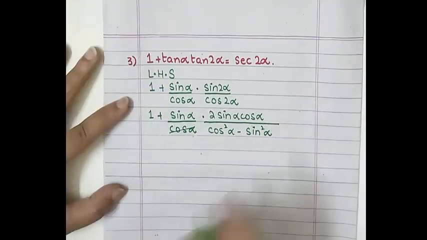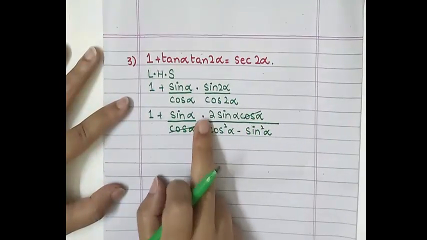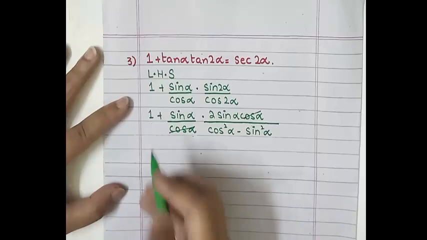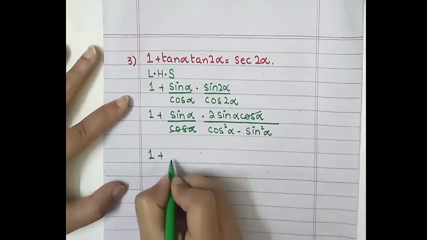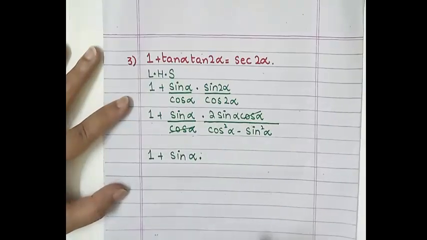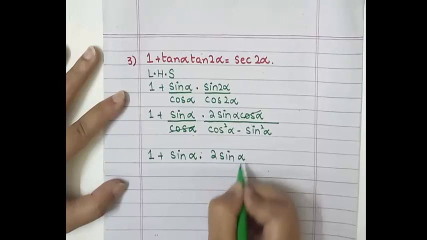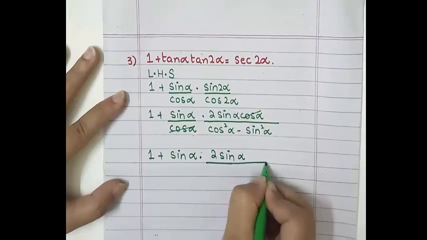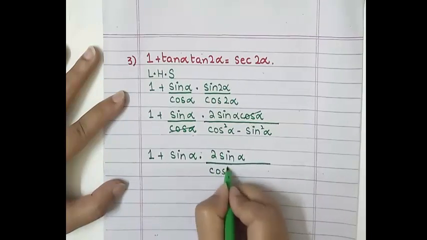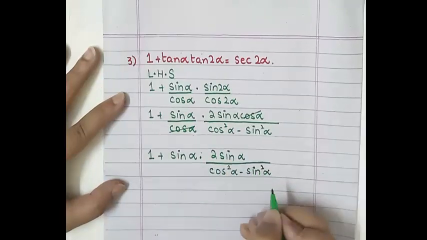This cos alpha and cos alpha can be cancelled out, because there is a sign of multiplication between these two terms. So 1 plus sin alpha into 2 sin alpha over cos square alpha minus sin square alpha.